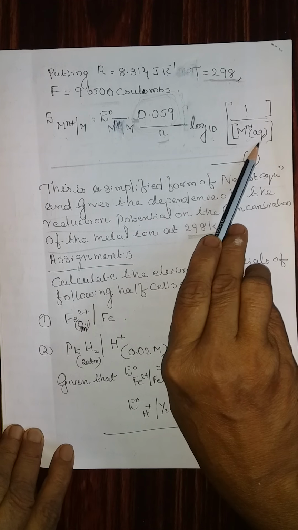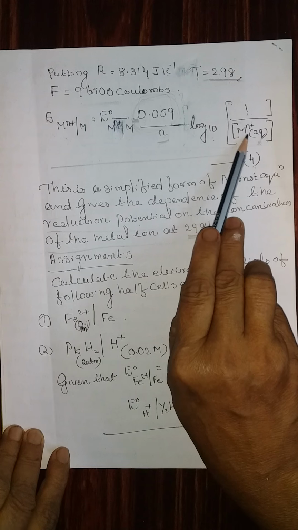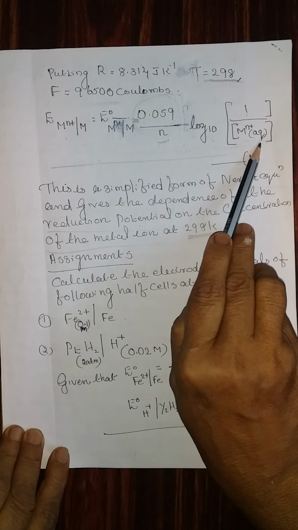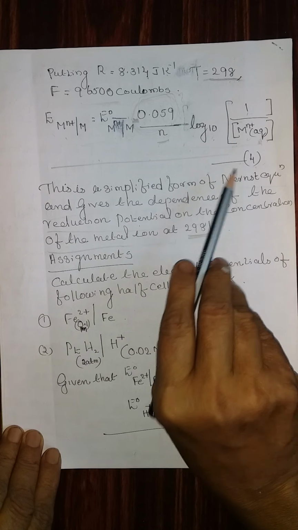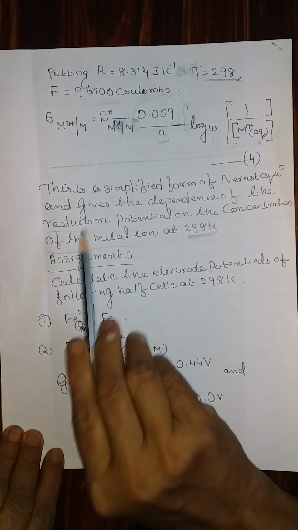Sometimes the concentration will be given. In that case, you can substitute that concentration instead of aqueous, for example 0.1 molar, like that the concentration will be given.